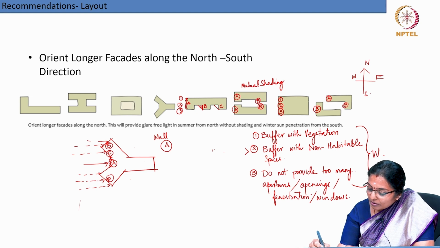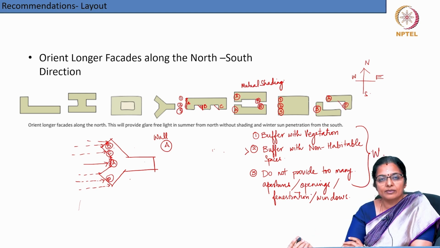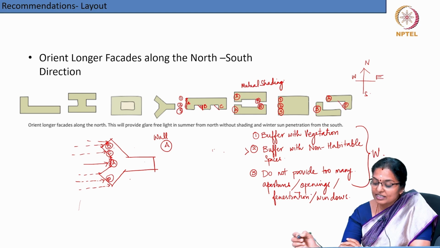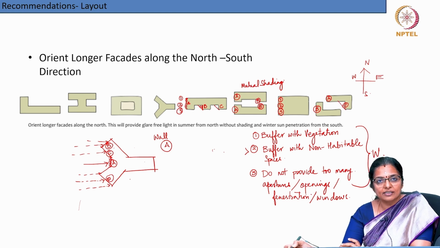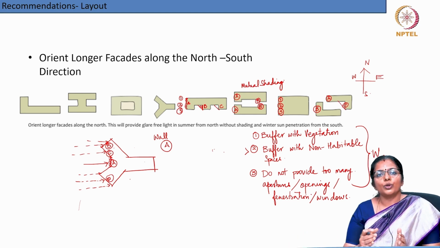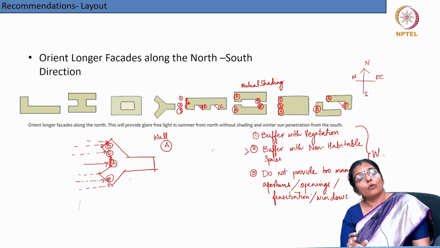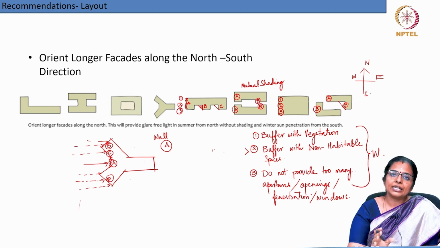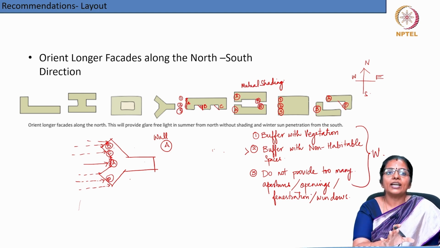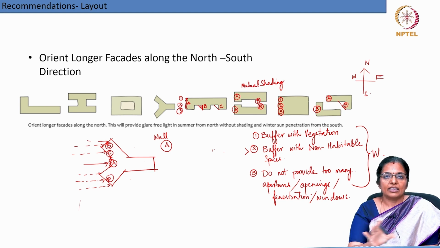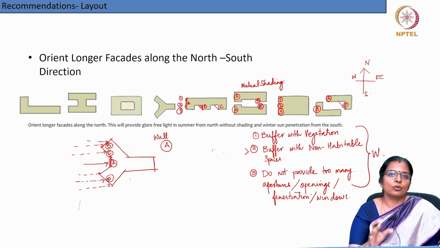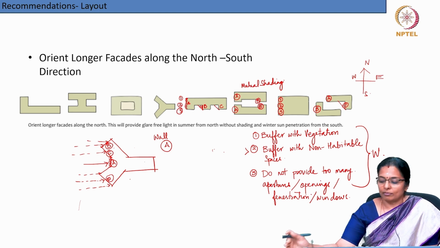Wall C, mutual shading happens. So, wall C is not a major area of concern, and this is how you need to first understand the various plan forms and understand the relationship between orientation and form. This slide is largely to make you aware of orientation and form.